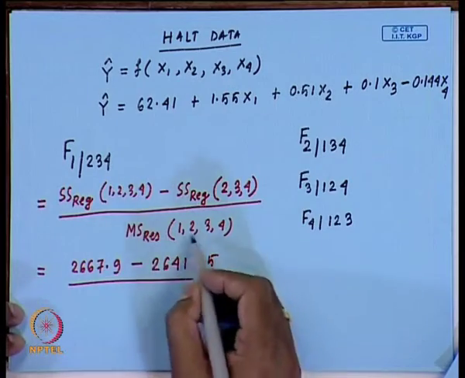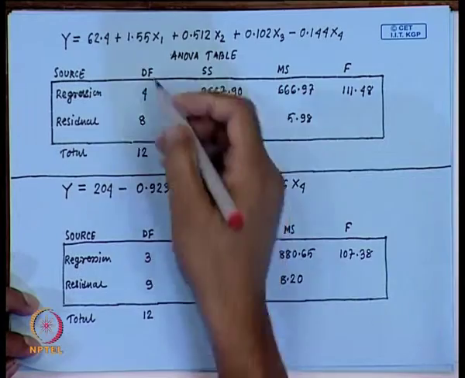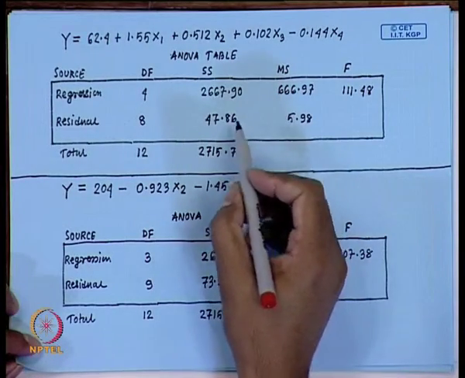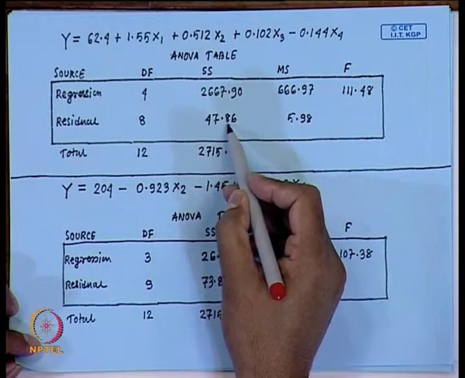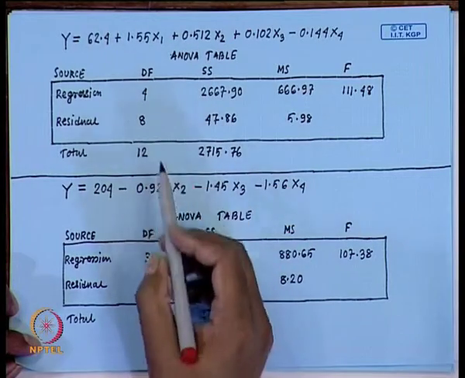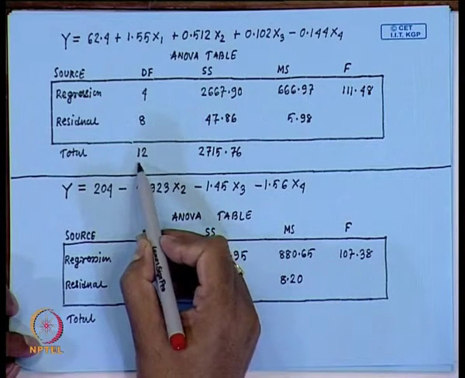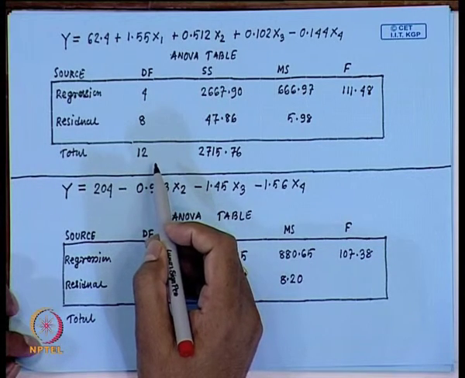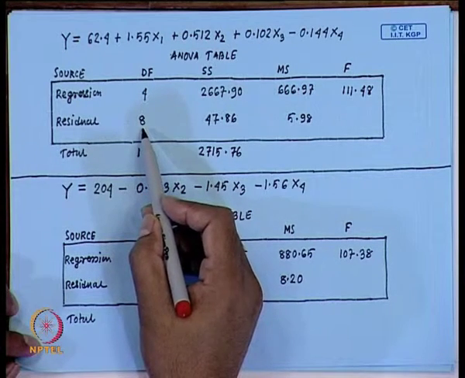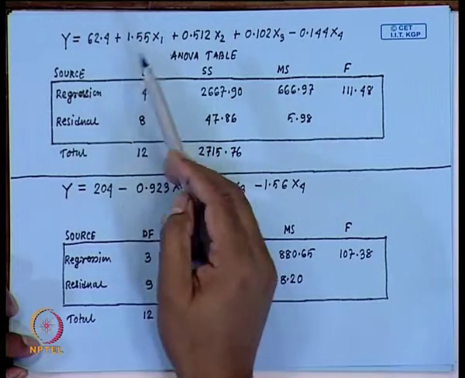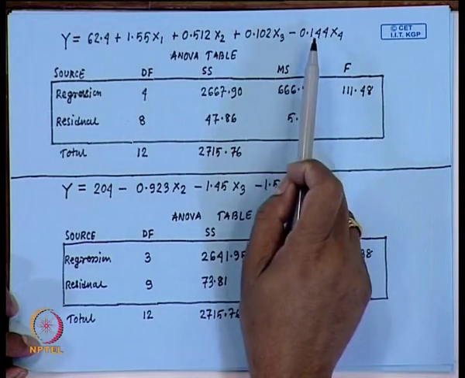Now, the MS residual value for the full model, again recall, so this is the full model and the MS residual value is 47.86, and look at the degrees of freedom here, we have 13 data points. So, the total degree of freedom is 12, and the residual has degree of freedom 8, because of the fact that you have 1, 2, 3, 4, 5 unknowns.